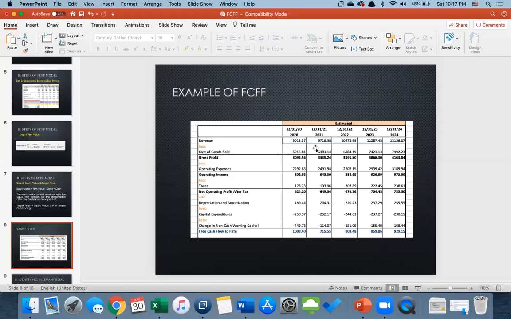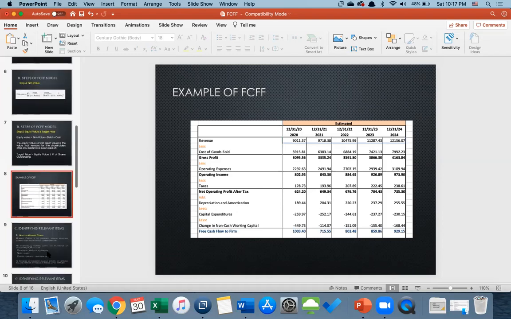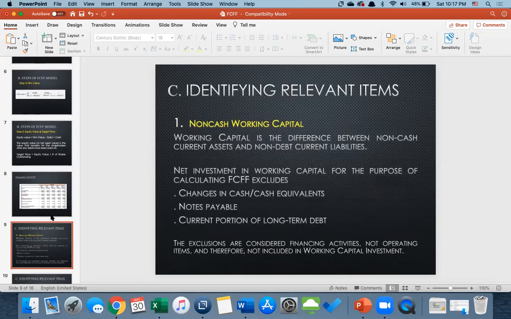This is the example of free cash flow. You can look at it in the Excel sheet. During the calculation process, there are some points we need to pay special attention to. One is the non-cash working capital.